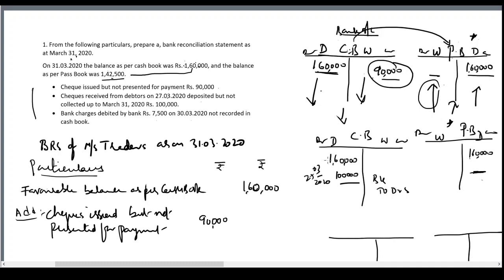Now what is happening because of this? We started with a favorable balance. We said favorable balance will increase with the deposits and decrease with withdrawals. So balance in cash book has increased, or you can simply say debit was plus. Again there is a debit, so it's again plus. So balance has increased. But here the balance has not increased, or we can say comparatively it is showing a lesser balance. Now, what should we do to the cash book to make it equal to the passbook? To make cash book equal to the passbook, we have to reduce the cash book balance by 1 lakh.